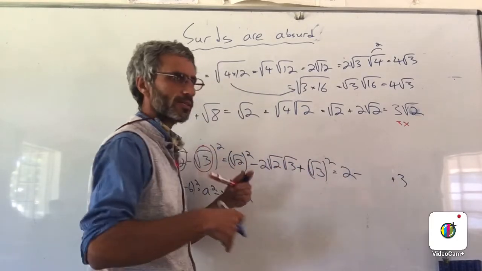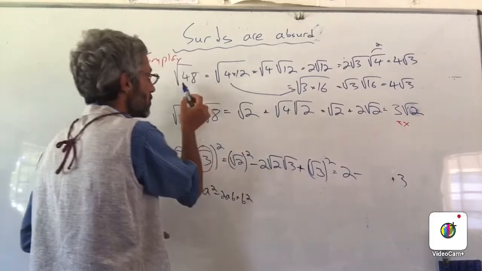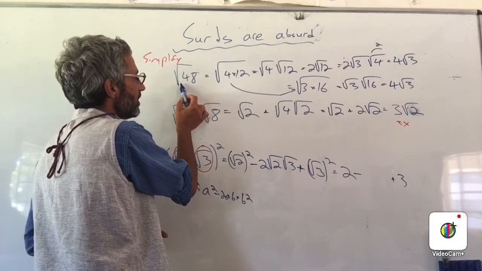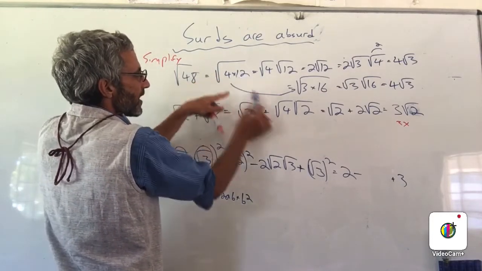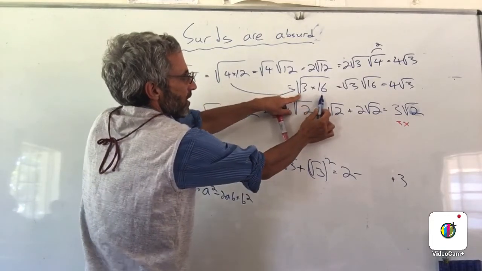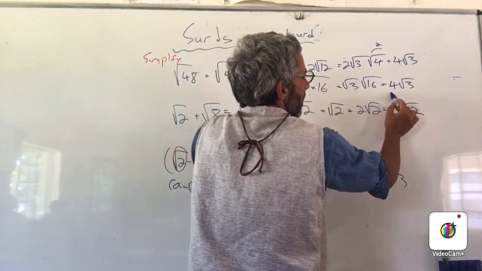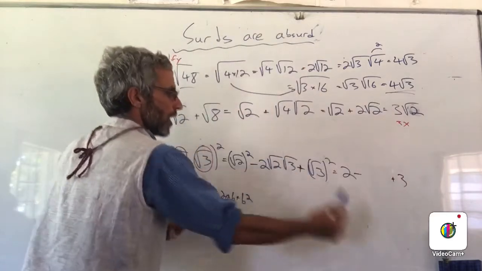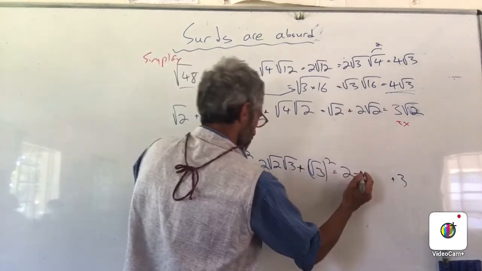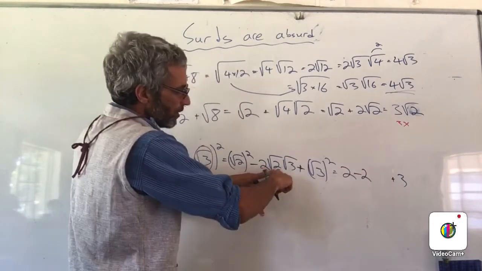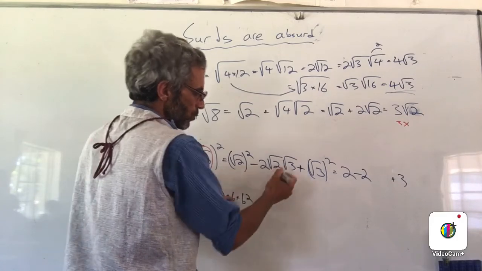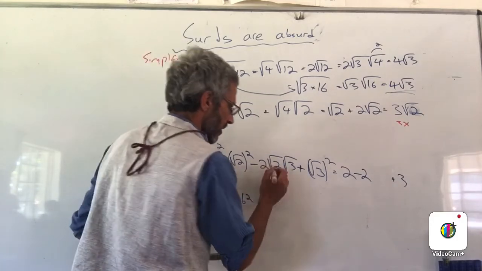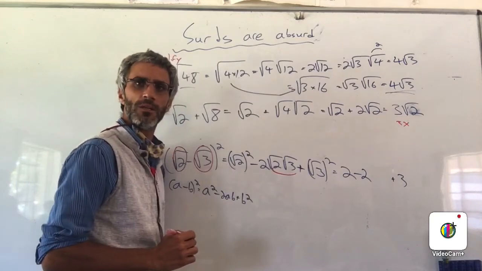Now here, we're going to work in reverse. If I took square root 48 and split it into 2 factors, and I square root each one of them, then I got that. What we're going to do now is work in reverse. So we put the 2 here, he will stay. What is square root 2 times square root 3? Smashing together. Square root 6. Correct.